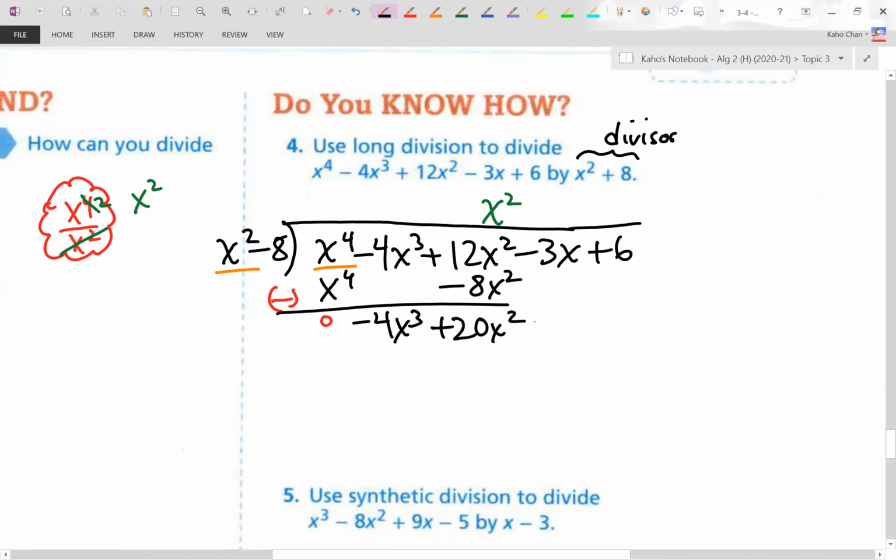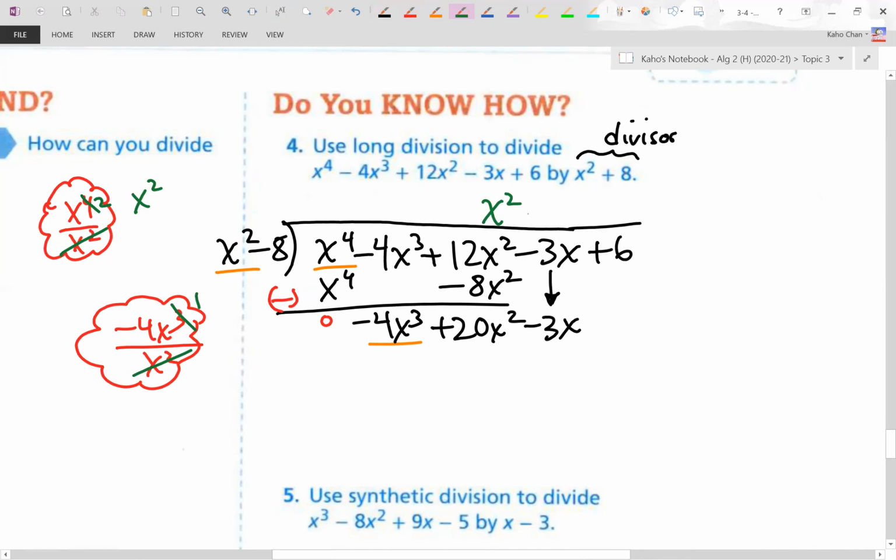Okay. Bring down the next term and start all over. We're now going to take negative 4x to the third, divide by x squared, and see what happens. All right, x squared goes into x to the third, x times, which gives me negative 4x to the first.